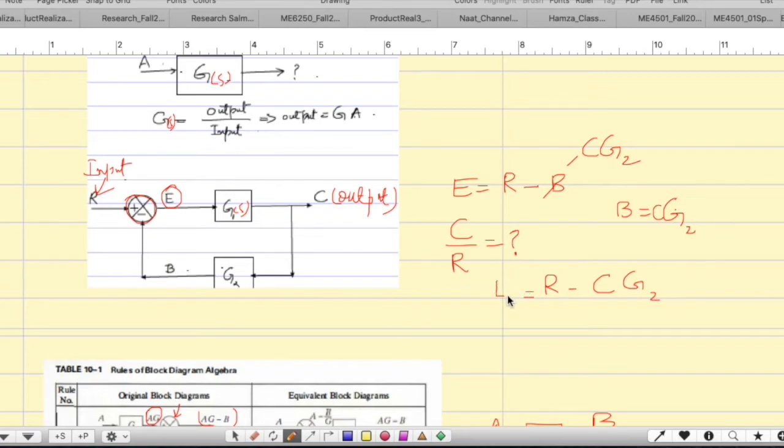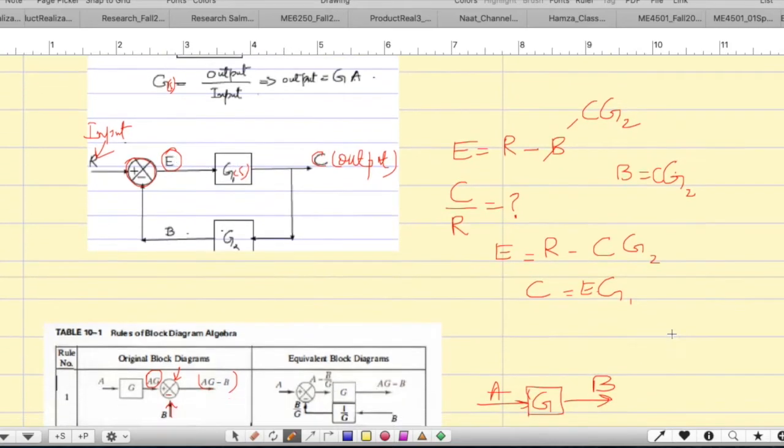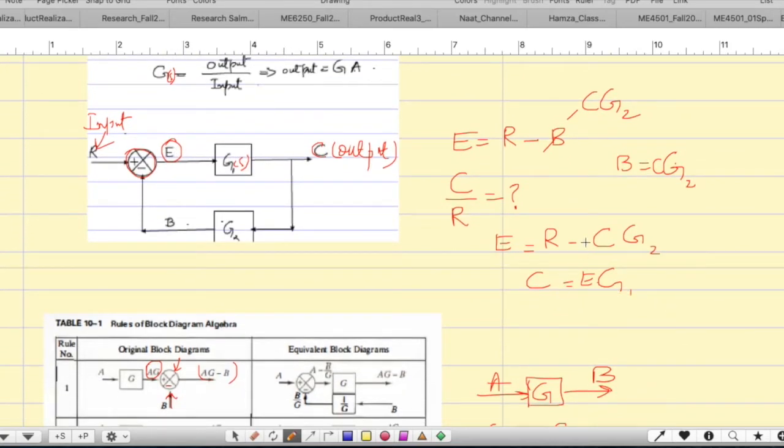This is my E. And what is C? C is G1 times E, because if you take a look, this C is G1 times E. So I can write it down over here, E G1.